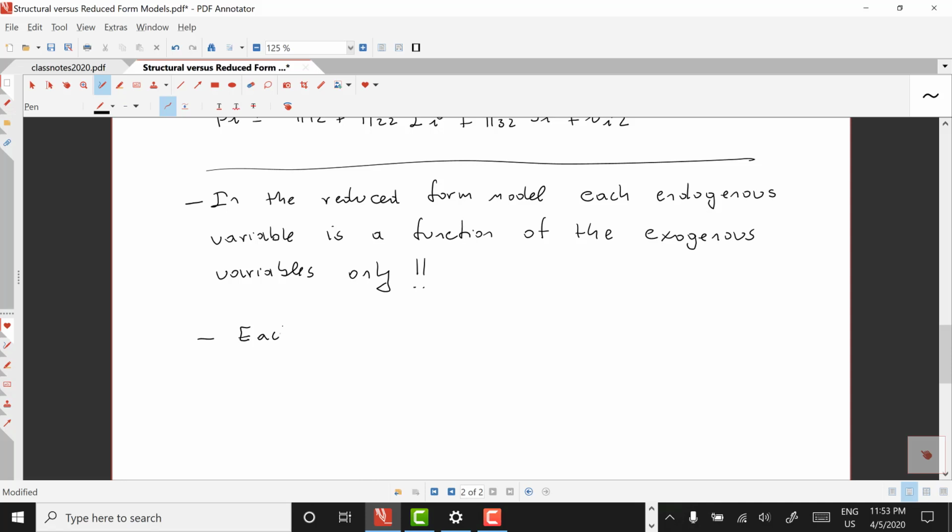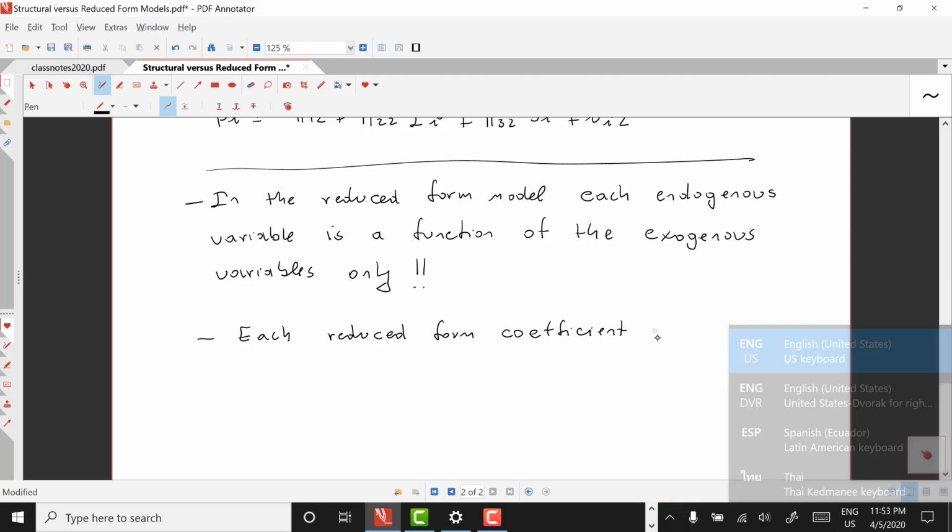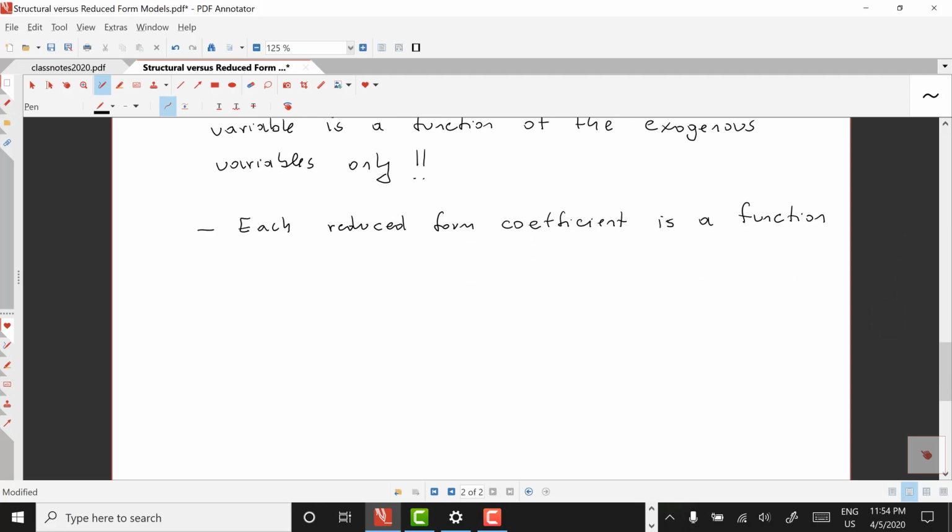The other thing to remember is that each reduced form coefficient is a function of the structural coefficients.